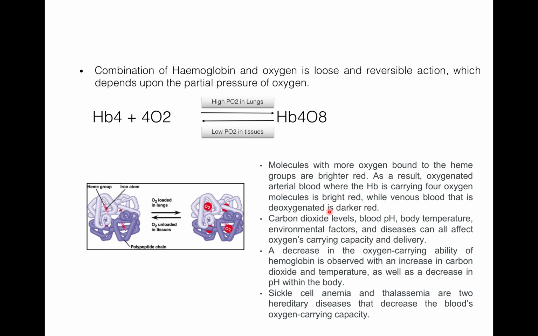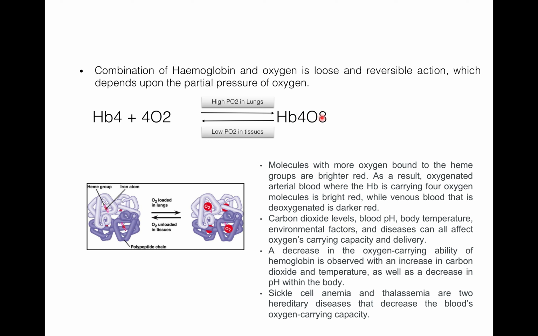The combination of hemoglobin and oxygen is very loose, and it is a reversible action, and it depends upon the partial pressure of oxygen. An increase in partial pressure of oxygen in lungs causes formation of oxyhemoglobin. It is bright red.